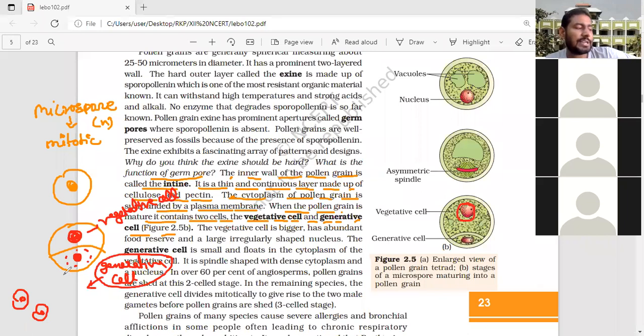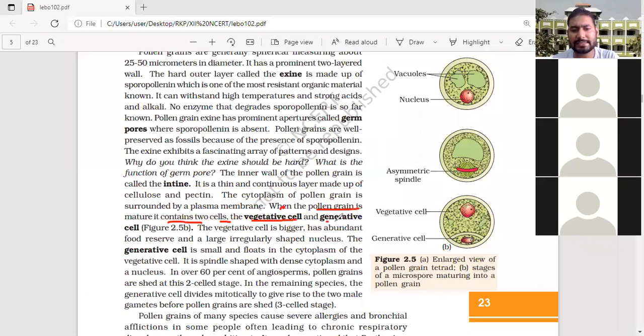So here we have the vegetative cell and the generative cell. The vegetative cell is bigger, has abundant food reserve and a large irregularly shaped nucleus. The generative cell is small and floats in the cytoplasm of the vegetative cell.